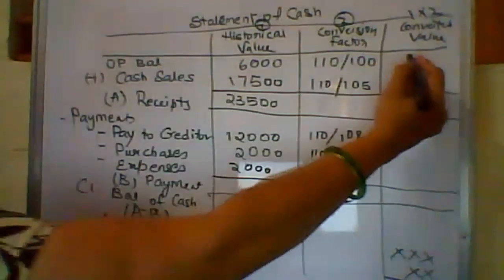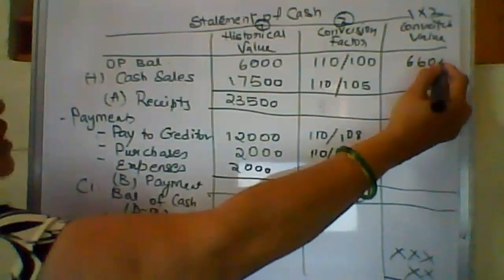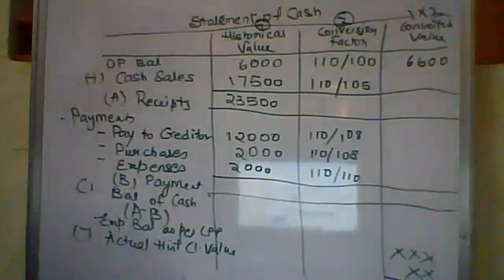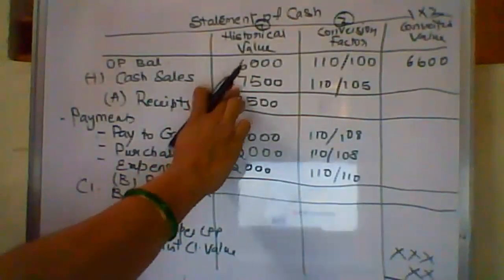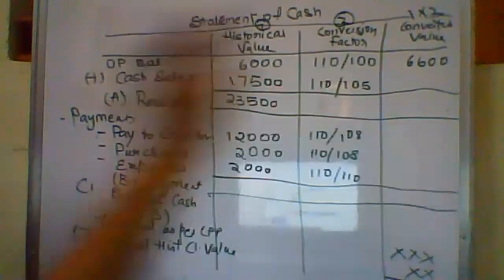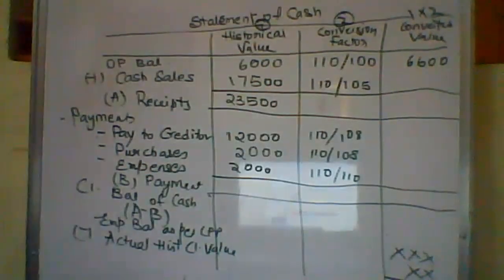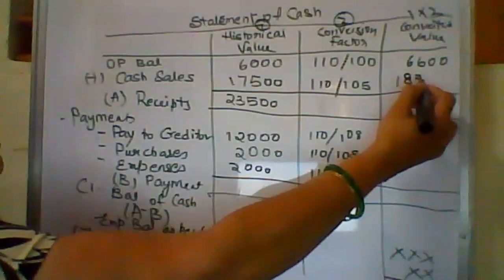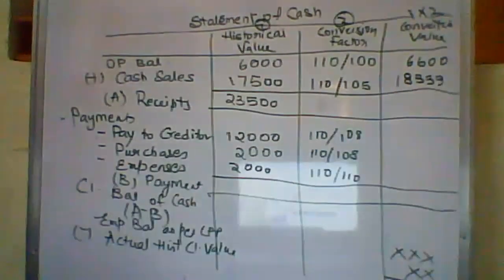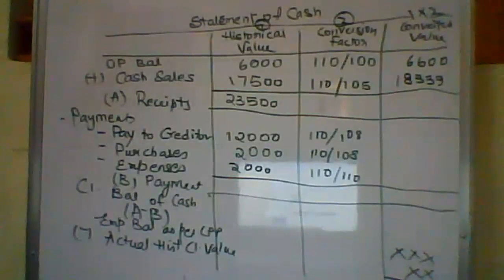I would get converted value 6,600. Are you understanding? 6,600. Next, cash sales is 17,500 into 110 divided by 105. 18,333 is the converted value which you get for cash sales.